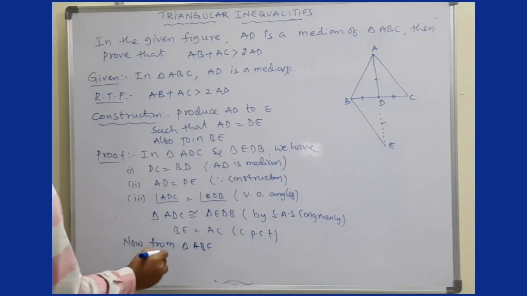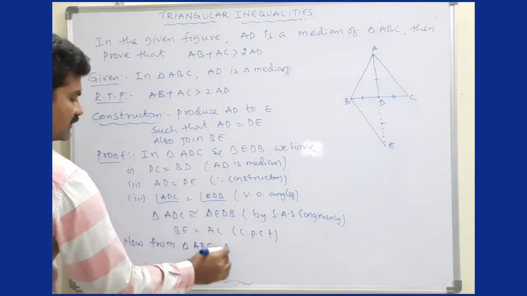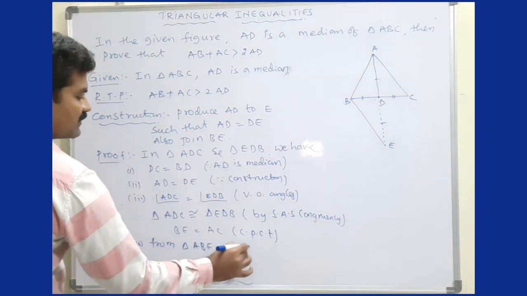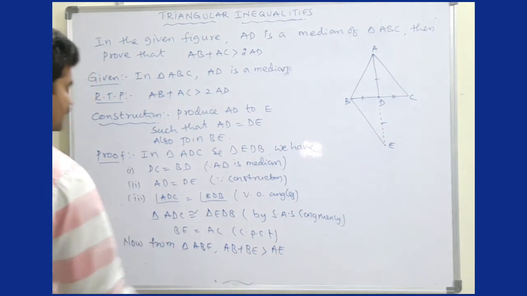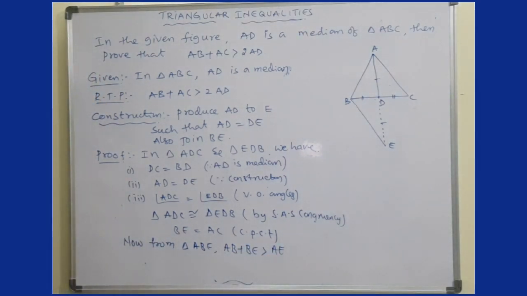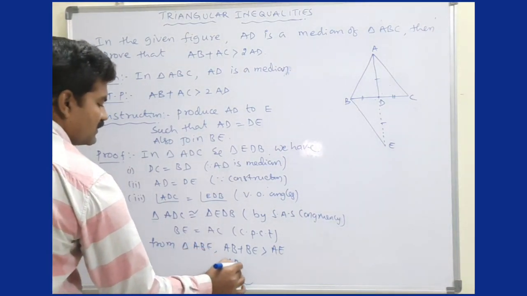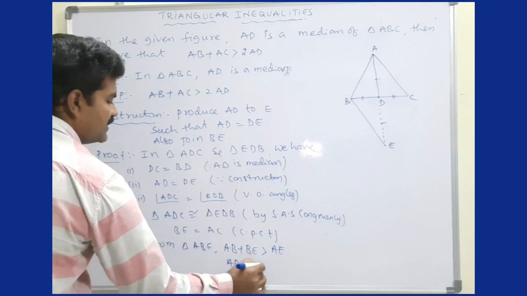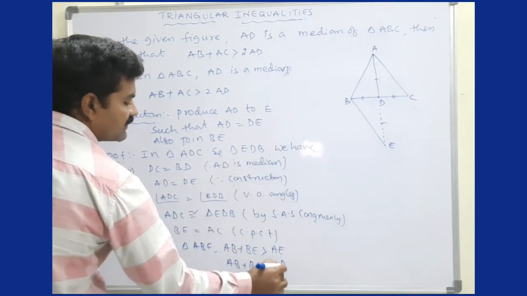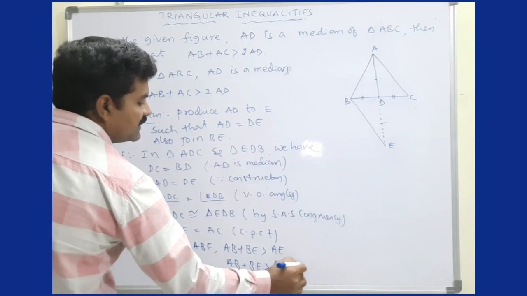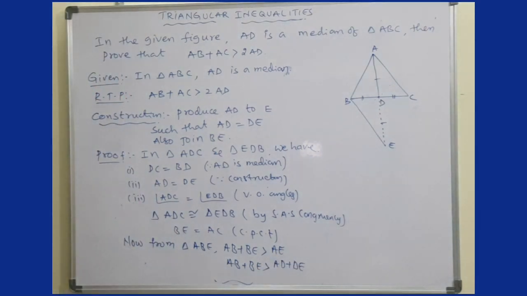So I can say that AB plus BE is greater than AE. Isn't it? Now AB plus BE is greater than AE, which means AD plus DE.